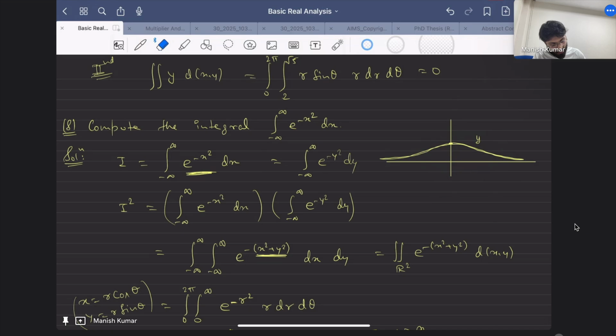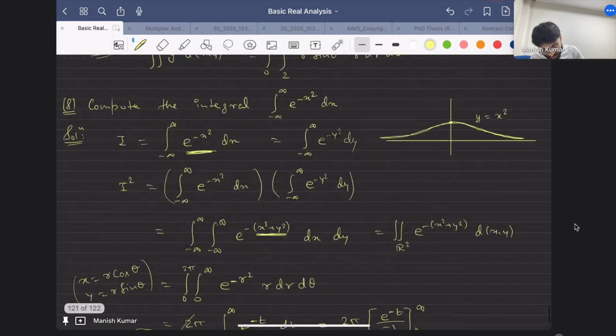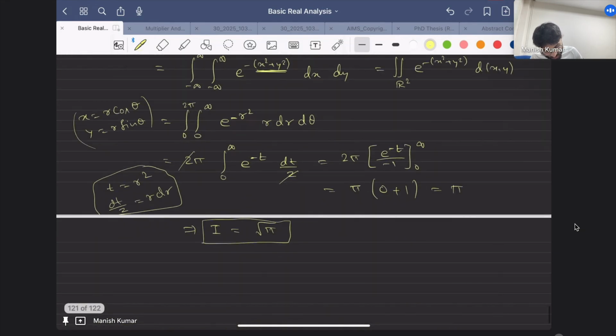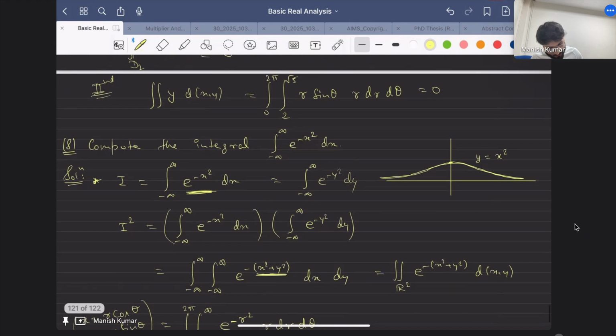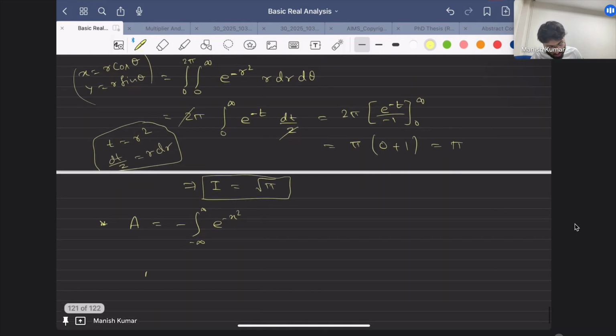Now if you change this minus, let me say this. Suppose I am saying evaluate A, which is the integral from minus infinity to infinity of e to the minus x square. Now in this case, if you try to calculate this A square, you will get the same thing, right?